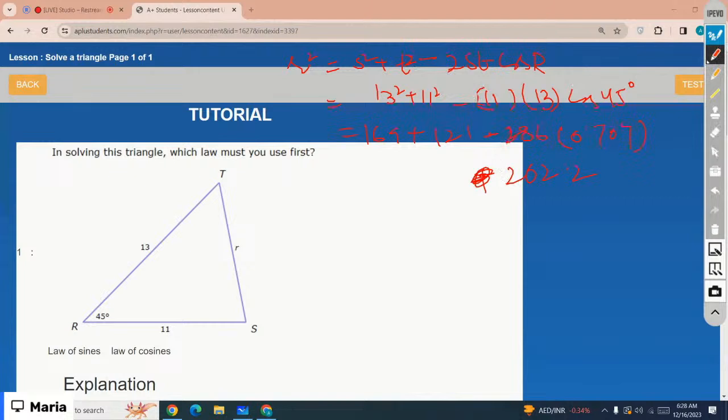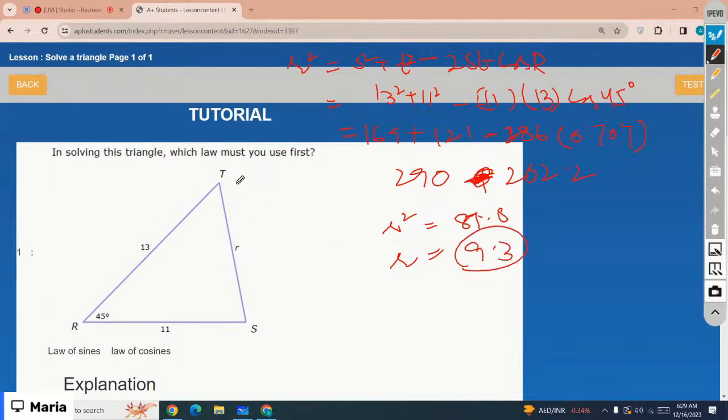So 169 plus 121, that is 290, and 290 minus 202.2 is 87.8, that is r square. Just square root the value, so r is square root 87.8. That means r is 9.3.